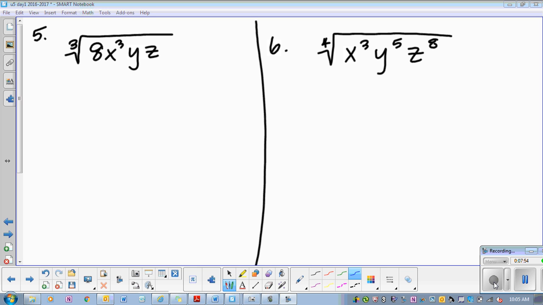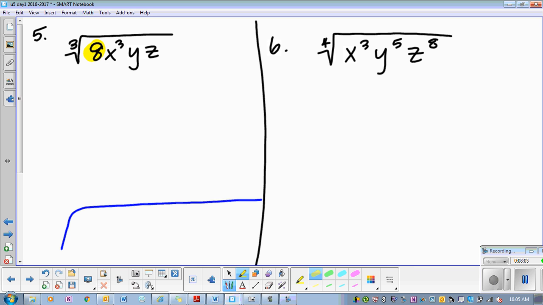So I'm going to put my answer down here, okay? When I start doing this, I'm going to do just the number first, okay? So cube root of 8. Put it in the calculator. See if it gives you a non-decimal, pretty nice number.